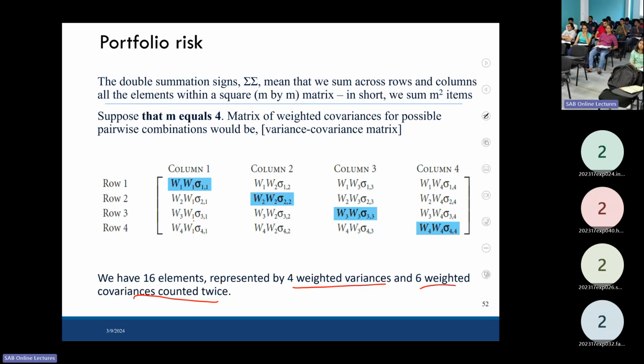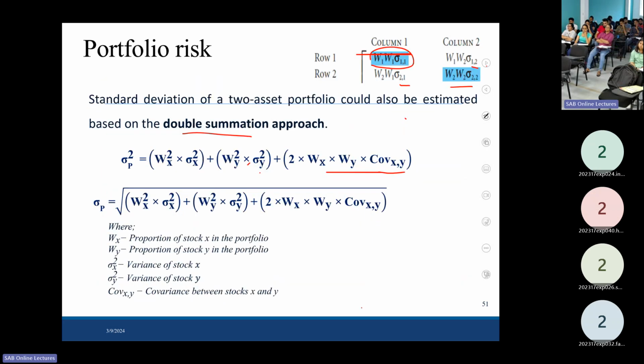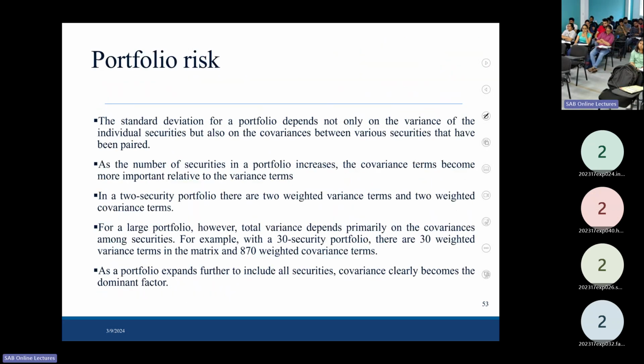So this is it when your portfolio consists of 4 stocks. If your portfolio consists of, say, 30 securities, and a real portfolio may have 20, 30, 40 stocks, you have 30 weighted variance terms and 870 weighted covariance terms. 870 combinations, so manually you cannot do that.